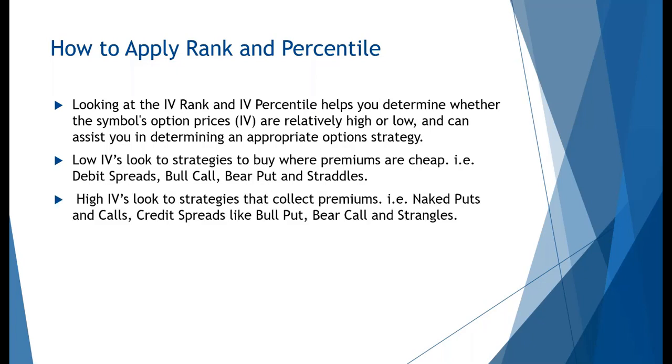If my implied volatility, or my IV, is high, then we're going to look to strategies where our options prices are inflated, or bloated, so to speak. And again, we could be directional. We could look at credit type spreads.